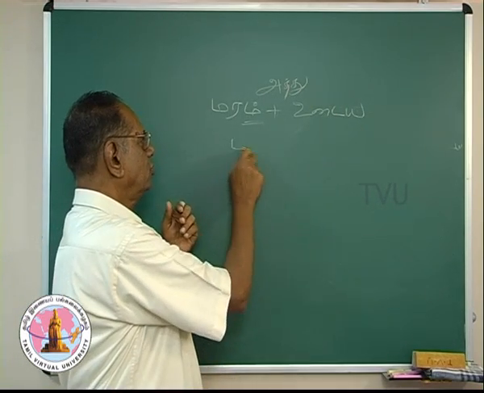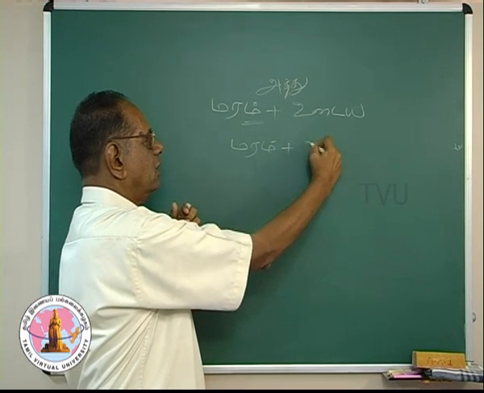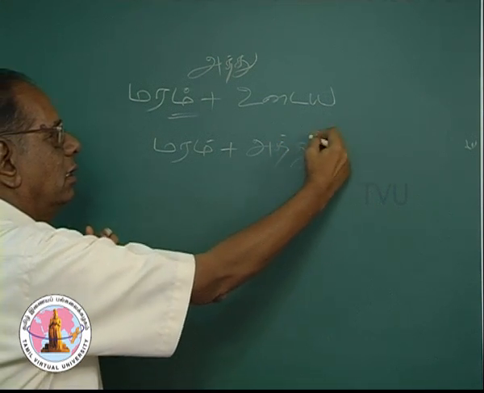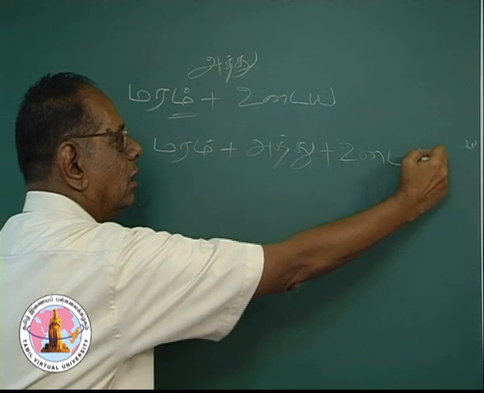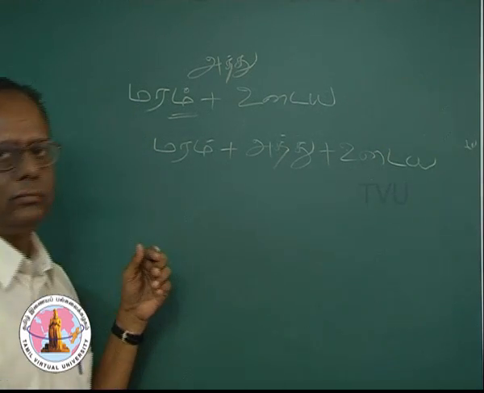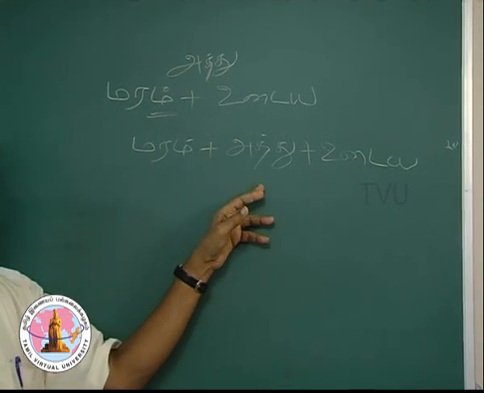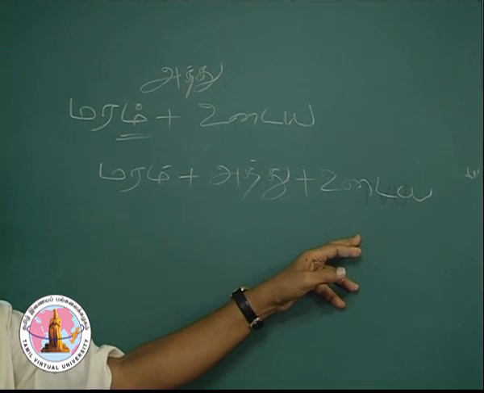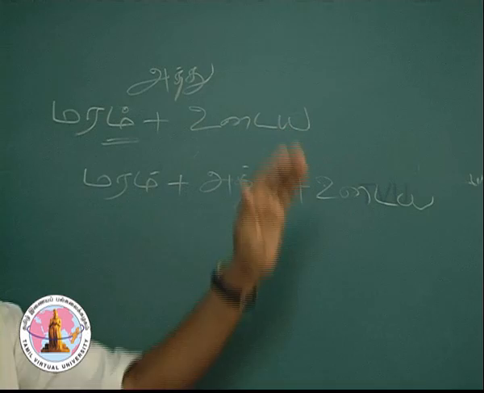So this becomes maram plus attu plus udaya. Maram takes up a suffix attu before accepting a case marker. So this is maram plus attu plus udaya.